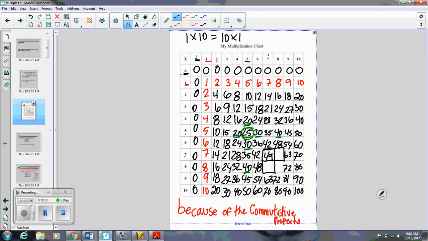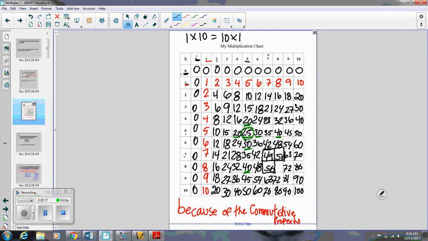Mason? It's not going to be 54. It's close. Tajir, what you got? 56. It's 56. Yes. So I'm going to be able to fill it in going across because 7 times 8 is 56. And I'm going to be able to fill it going down because 8 times 7 is 56.